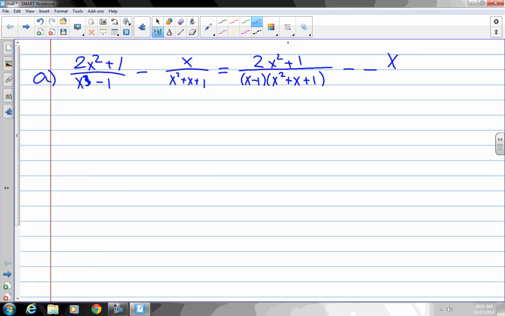Can I factor the second denominator? No. X plus 1, x minus 1 is x squared minus 1.